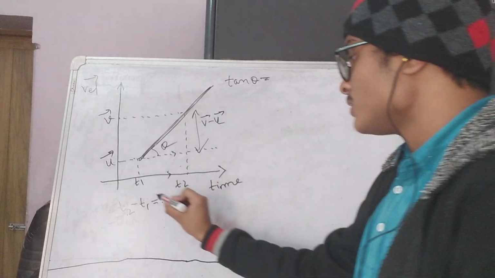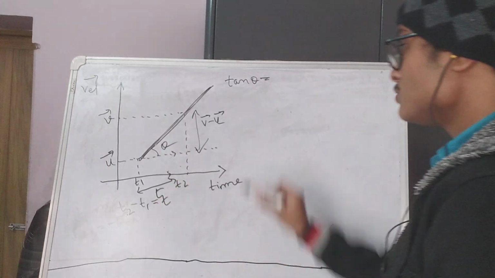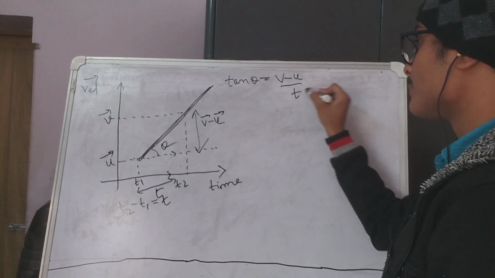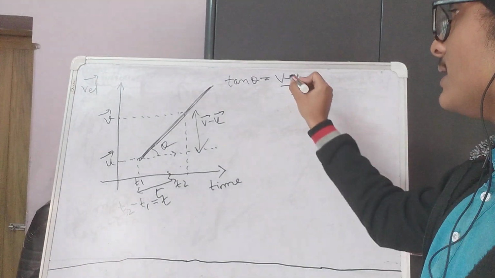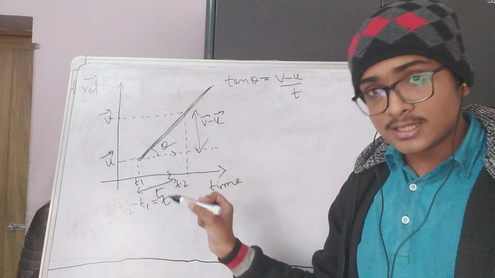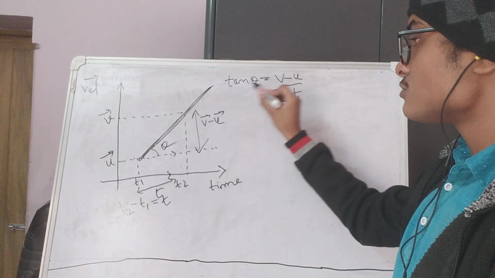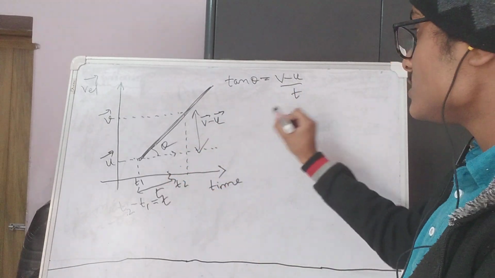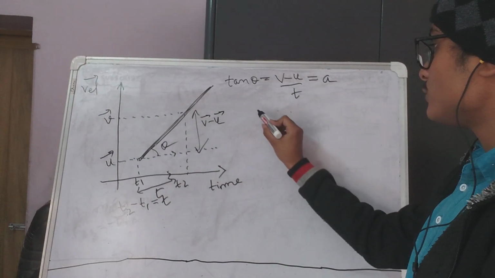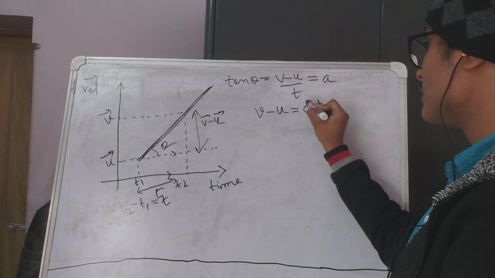And this base is t. So here tan theta is equal to (v minus u) by t. For simplicity, I am not indicating the vector sign, but velocity and acceleration will be in vector form. Here tan theta is the slope of this velocity time graph, which is equal to acceleration. So here we come to the first equation, v minus u is equal to at.